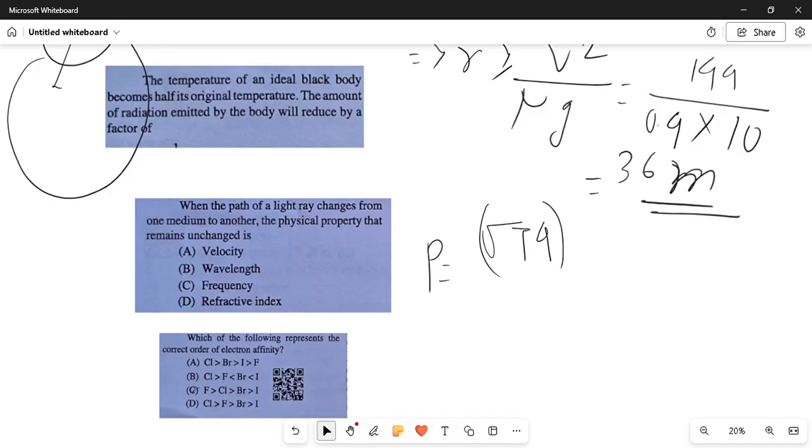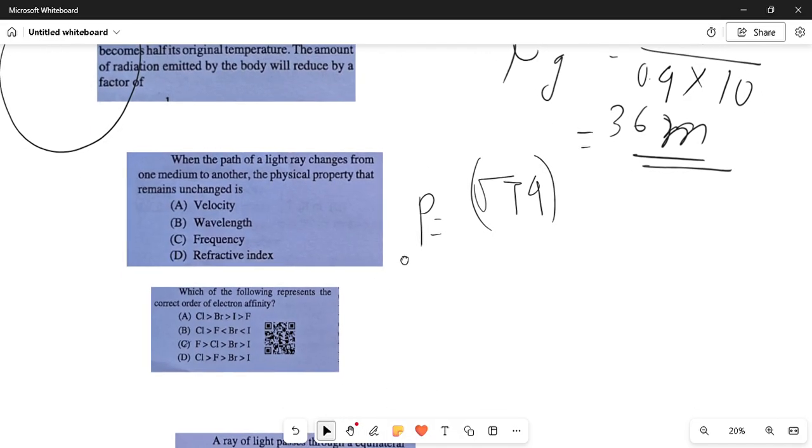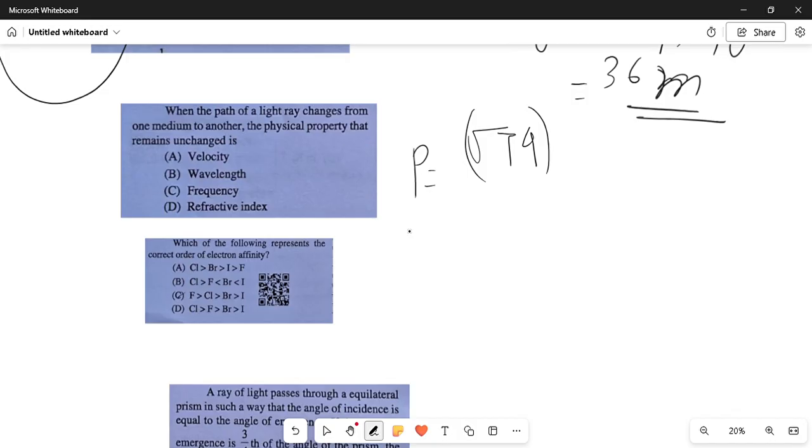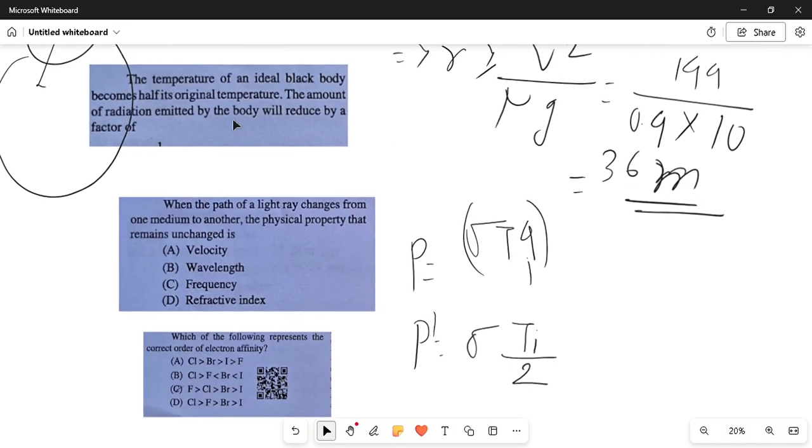Sigma is the Stefan-Boltzmann constant. If the temperature of the black body is half of its original temperature, then P prime is sigma T_f to the power 4. If this is T_i, T_f will be T_i by 2.